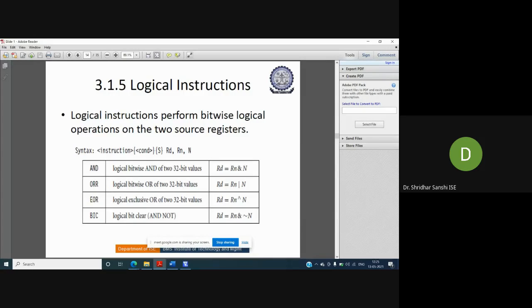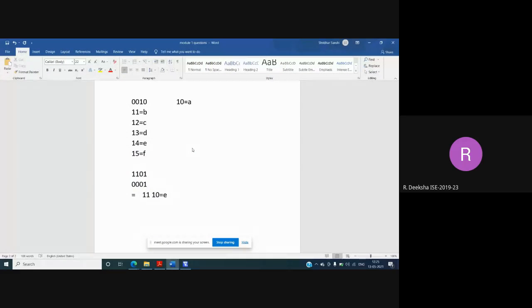In the AND truth table, 0 AND 0 gives 0. 0 AND 1 gives 0. 1 AND 0 is also 0, and 1 AND 1 is 1. So this will be 0 and this will be 1.